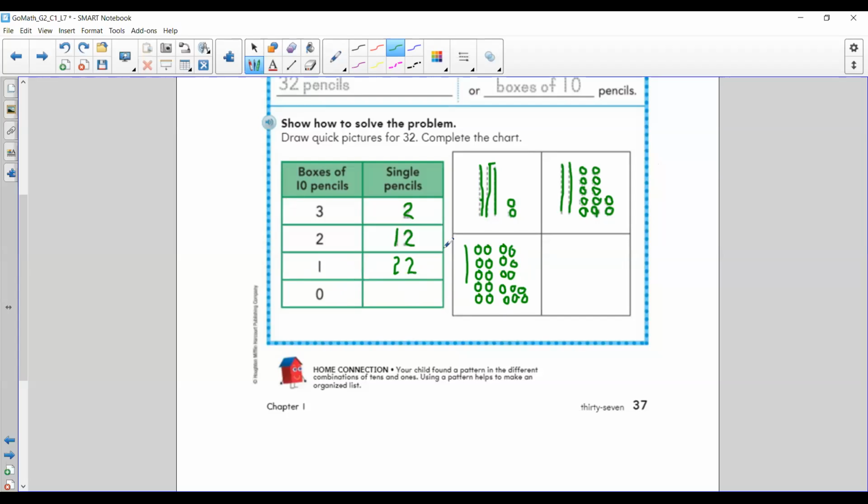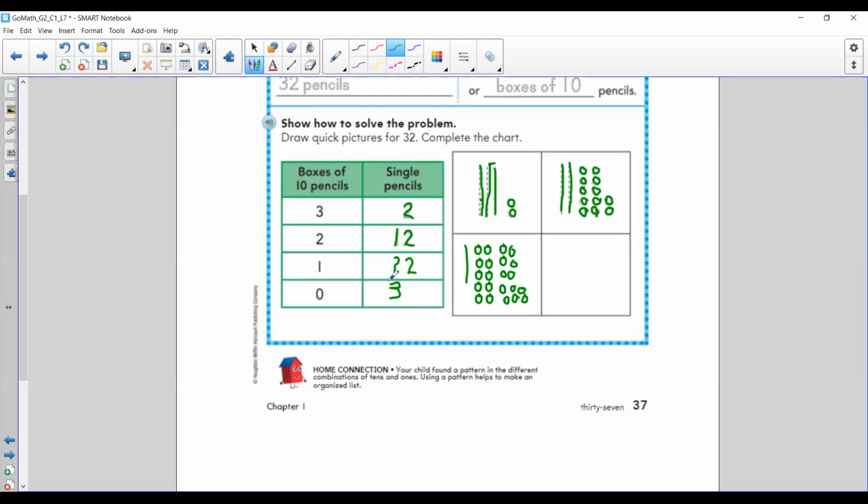In the next one, we're taking away this 10 and turning that into ones. So now instead of 22 ones, how many will we have? We will have 32. The tens decrease by 1, and oh, that didn't turn out.